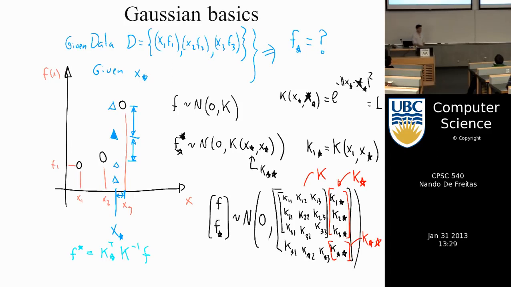That's the mean of f star, which is the expectation of f star, which is mu star. That will be most likely this height here, mu star.